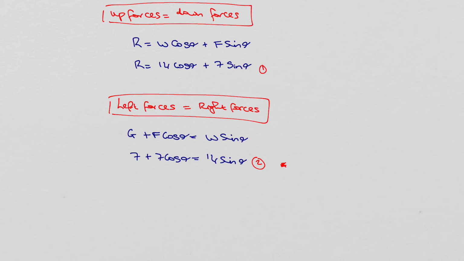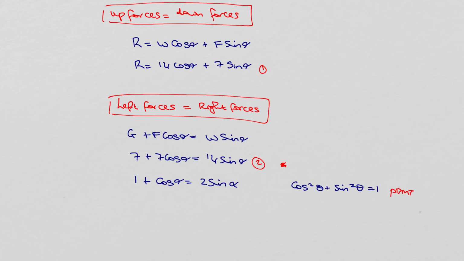So let's look at dividing everything across by 7. So we just get 1 plus cos alpha is equal to 2 sine alpha. And still it doesn't really look like anything very familiar in trig yet. So our most commonly used identity is that cos squared theta plus sine squared theta is equal to 1. And we get that from page 13 in our maths tables.